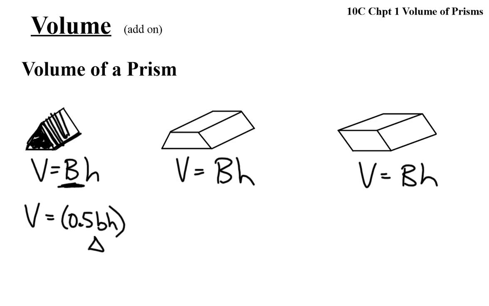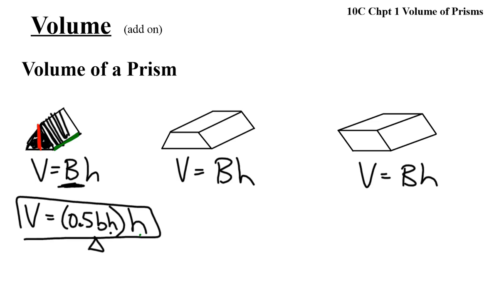There's the triangle base times the height of the prism. There you go. Don't forget though, that first h would be the height of the triangle. The second h would be the height of the prism from base to base.